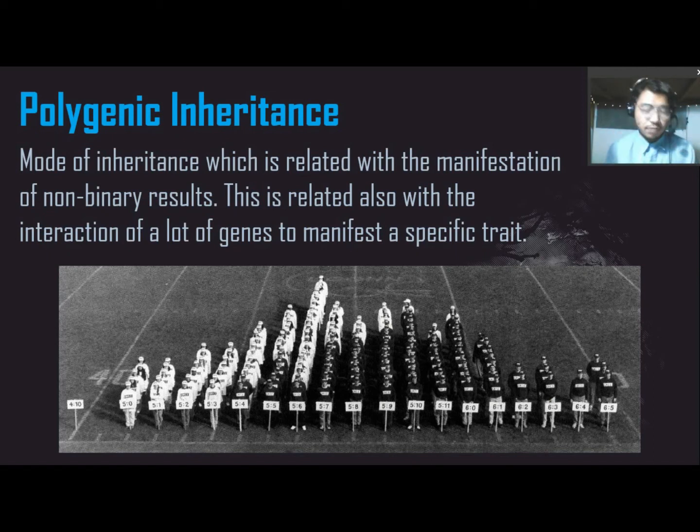For instance, the best examples for this are height, skin complexion, and even eye color could be considered as polygenic inheritance. Because obviously there is the manifestation of more than two alleles, and it is affected by a lot of genes present in that individual. That is the reason why we possess different heights.